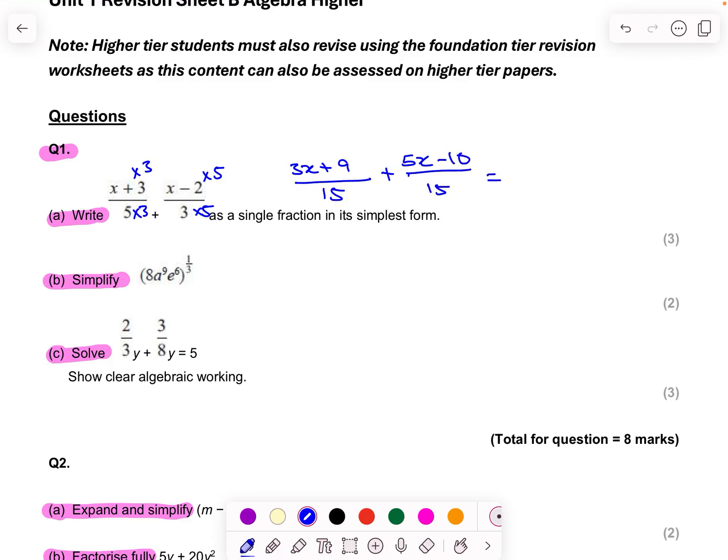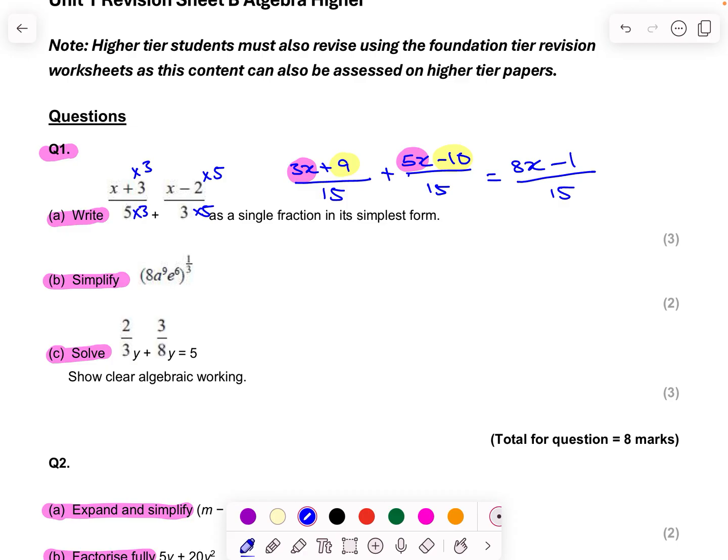I can now put it over one common denominator, which is 15, and then I tidy up. So 3x plus 5x is 8x. I'm going to put 8x here. And then I've got 9 take away 10, so I've got to be careful. So 9 take away 10 is minus 1. And that's it.